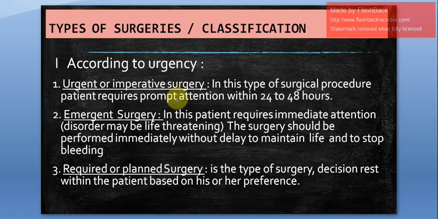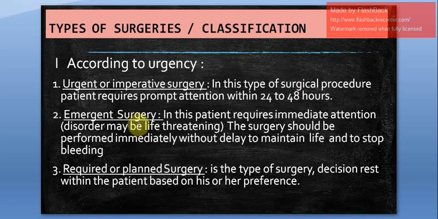Okay, so that is called an urgent surgery. Maybe there is an appendicitis or any other condition. In that case, you will have to do appendectomy or appendicectomy. That can come as an example of urgent or imperative surgery. Here the surgery has to be performed within 24 to 48 hours.